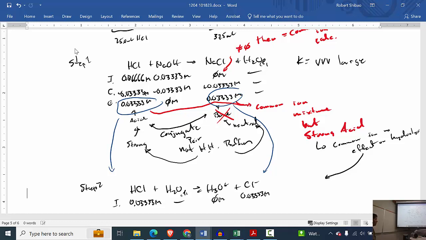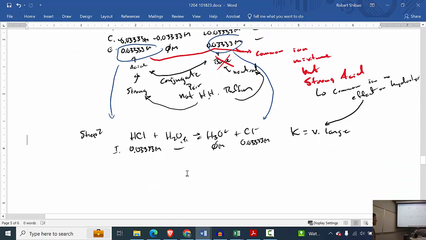Now, typically, if we have a lot of product here to begin with, we don't expect as much change. But the reason there's going to be no impact here is because K is equal to what? Very large. When K is large like this, then there's going to be no impact.